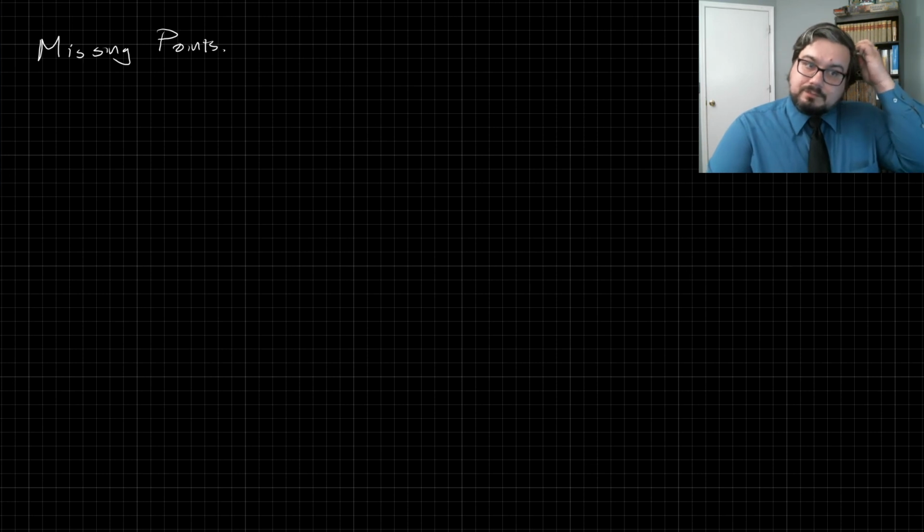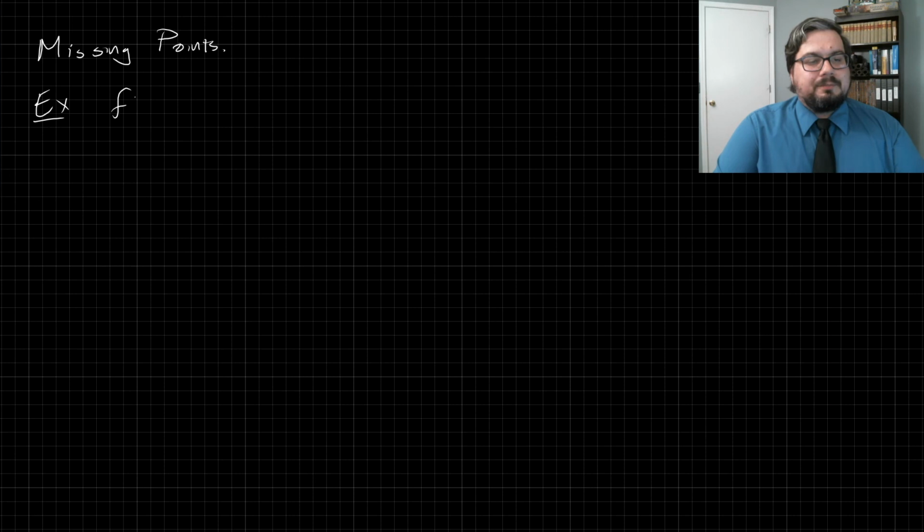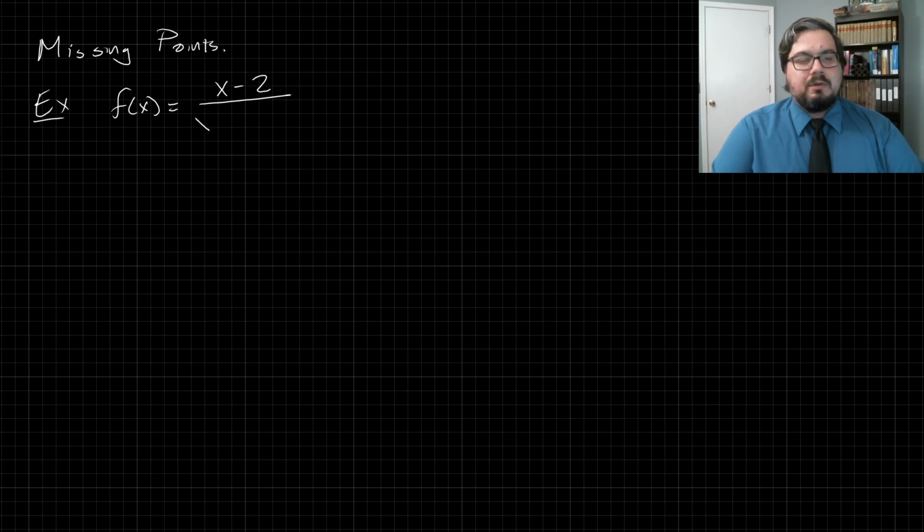All right, so the topic for this is missing points. Let's take as an example f of x is equal to (x minus 2) over (x squared minus 4).